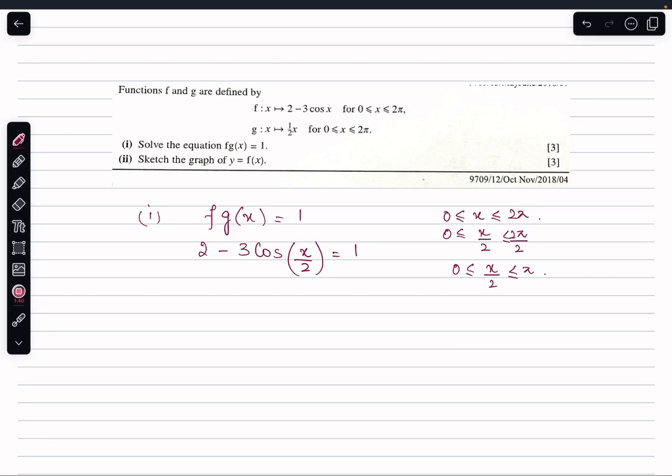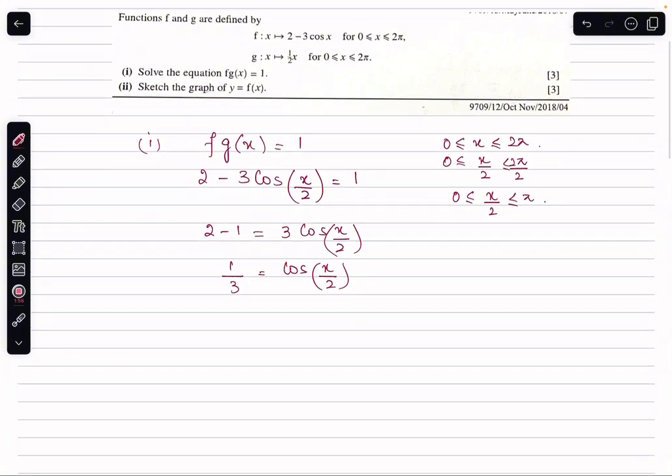So if I solve the equation, this is going to be 2 minus 1, which equals 3 cos of x by 2. And further, I can say that 1 by 3 equals cos of x by 2 here. Now the next step is to locate the quadrant. My domain now is from 0 to pi, and with respect to this 0 to pi, I should be considering only the first and the second quadrant.